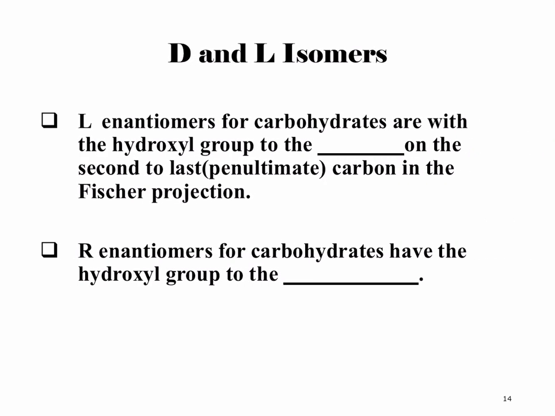And so I'm going to skip ahead to the specific enantiomers we have in carbohydrates, which are D and L isomers. And so the D or L isomer is determined by the direction of the hydroxyl group in the Fisher projection on the penultimate carbon.